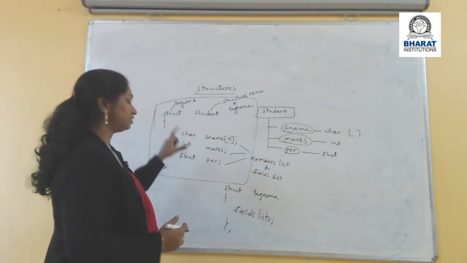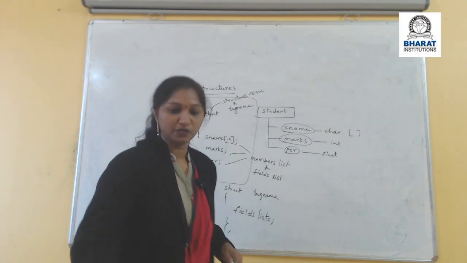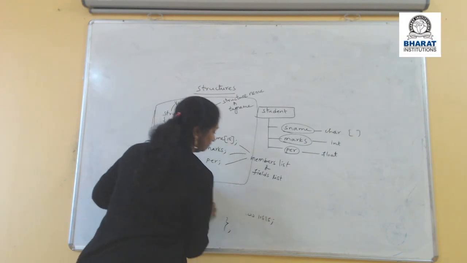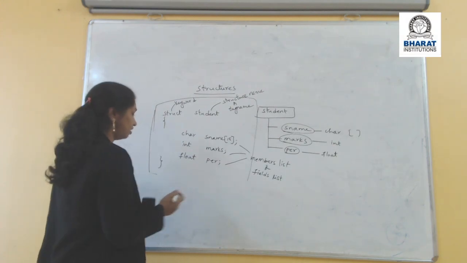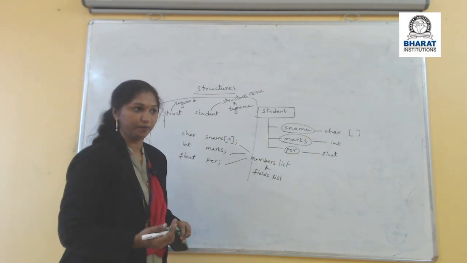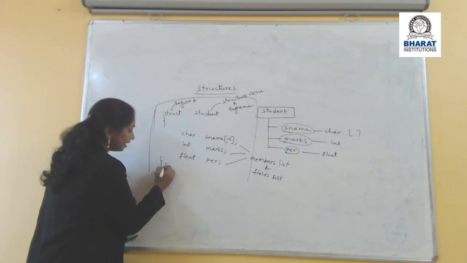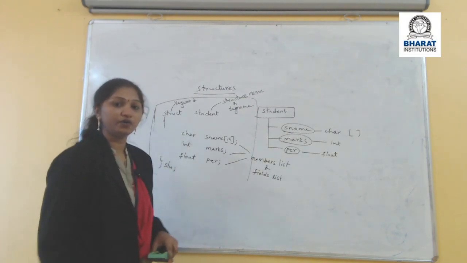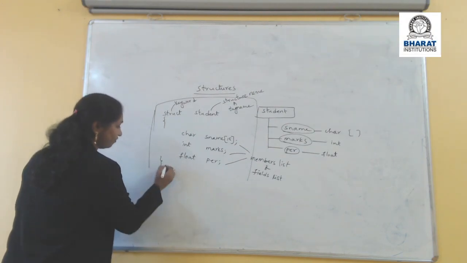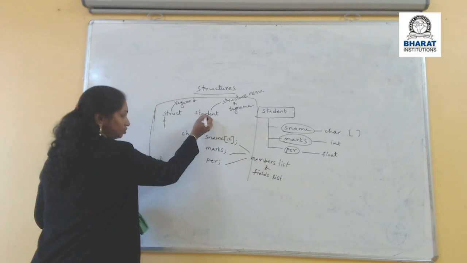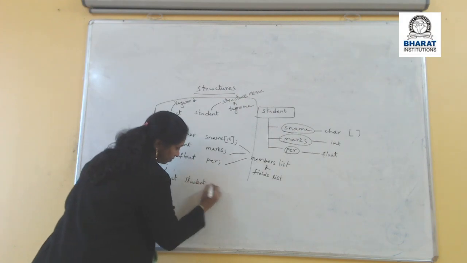Once the declaration of the structure is over, we have to initialize. For initializing, first we have to create a structure object or structure variable. In two ways we can create that structure object. Before this semicolon, I can take stu. This is one way to create the structure variable, and the other way is, instead of giving it here, we can take struct student stu.